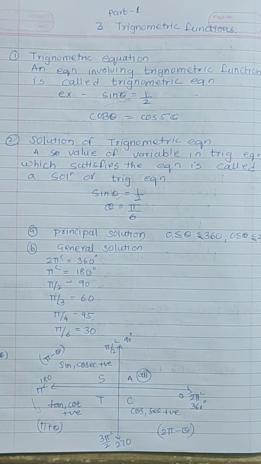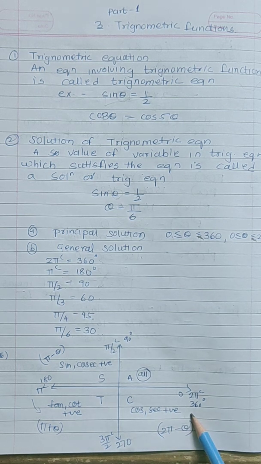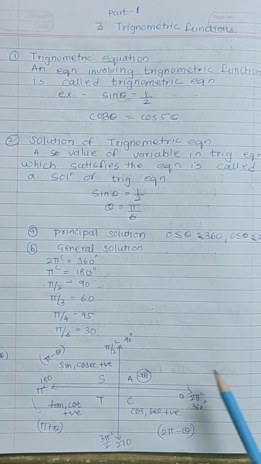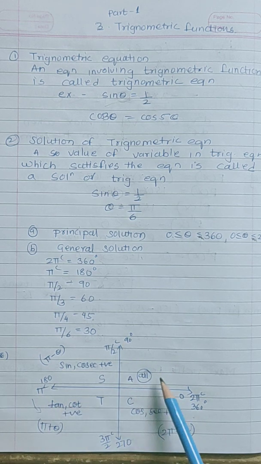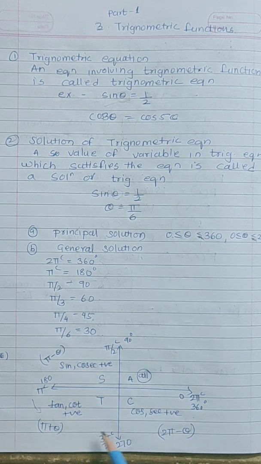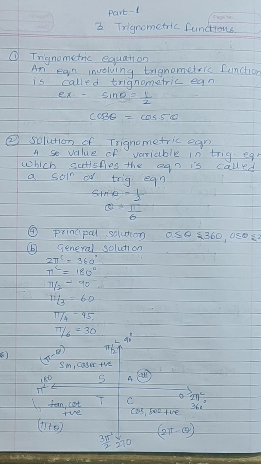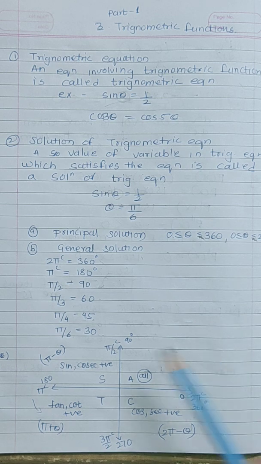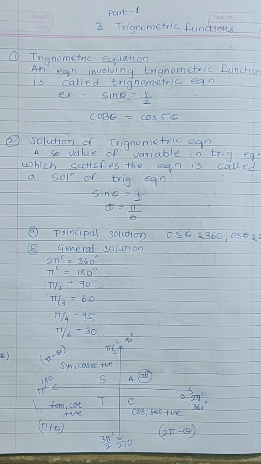Now one more easy, simple thing you have to remember. See here, these are the 4 quadrants: first, second, third, fourth. So you have to remember the signs of sine, cos, tan, cot, sec, cosec in all the 4 quadrants. Then finding the principal solution will be easy for you.